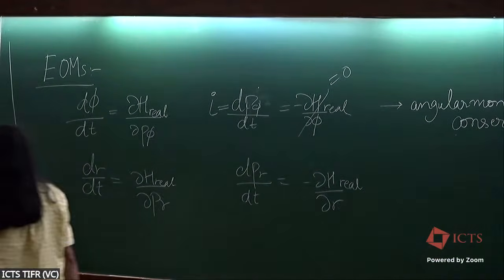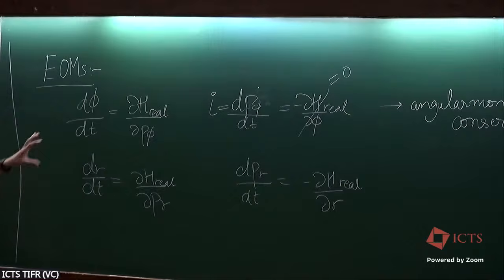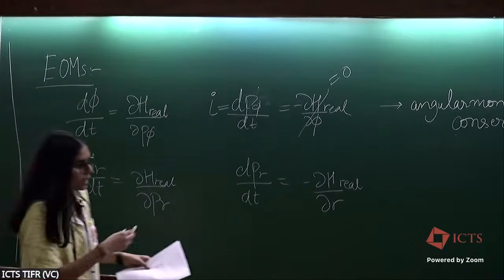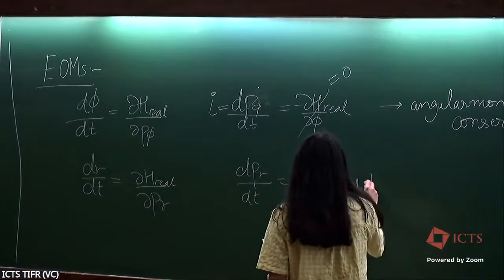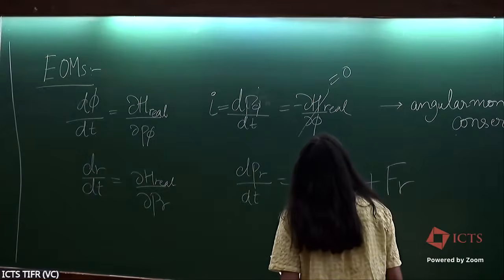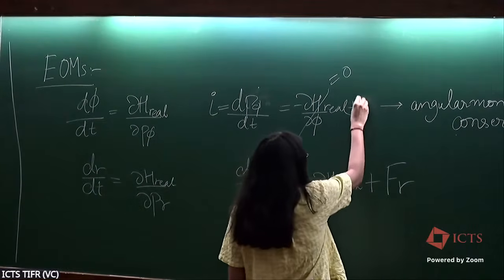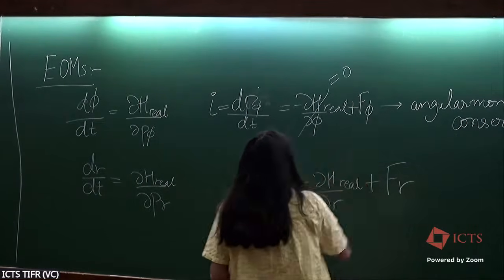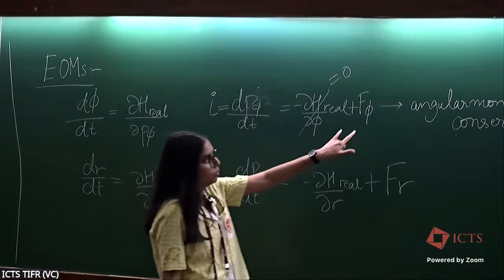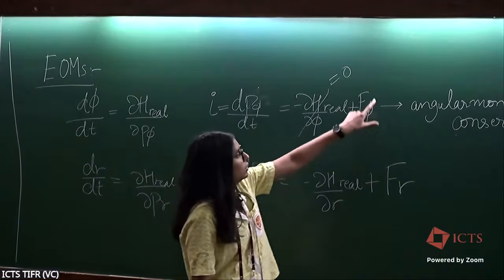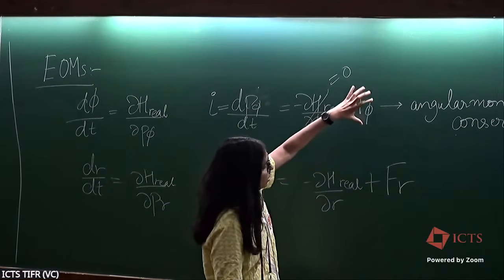We want to add radiation reaction. So how do we add a radiation reaction to these equations of motion? We need to add some sort of dissipative force, which we add to this equation as Fr, and here we will add Fphi. So now, after adding the dissipative force, the L dot is not 0 anymore, but equal to this force corresponding to phi.